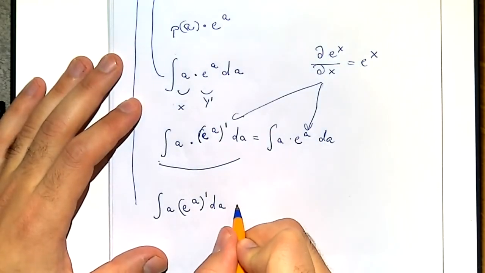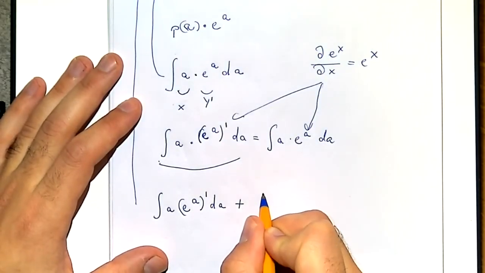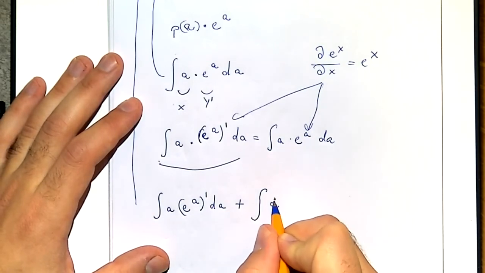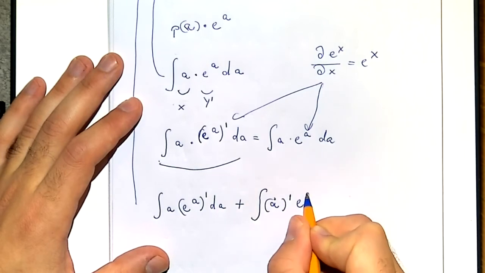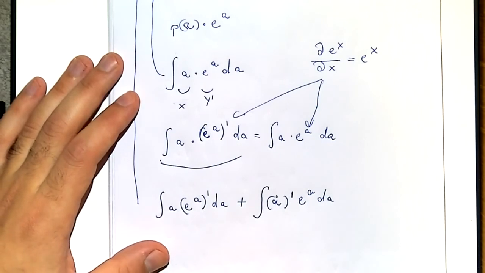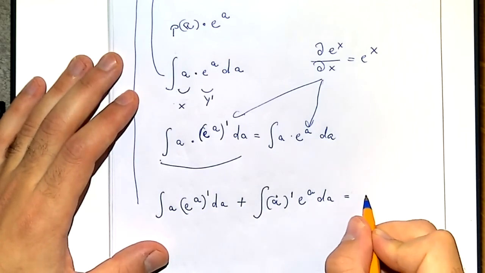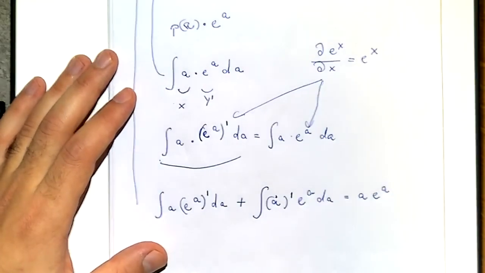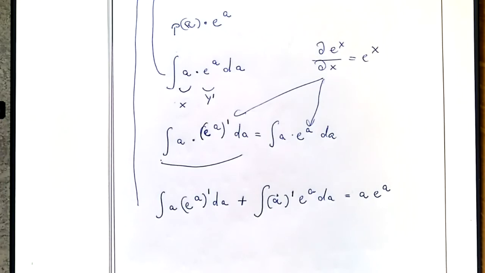I know that if I add the integral of the derivative of a, times e^a untouched, da, then if I take the derivative of the other guy, this is going to be equal to a e^a, just by using the formula up top. It's just like the product rule, literally just like the product rule.